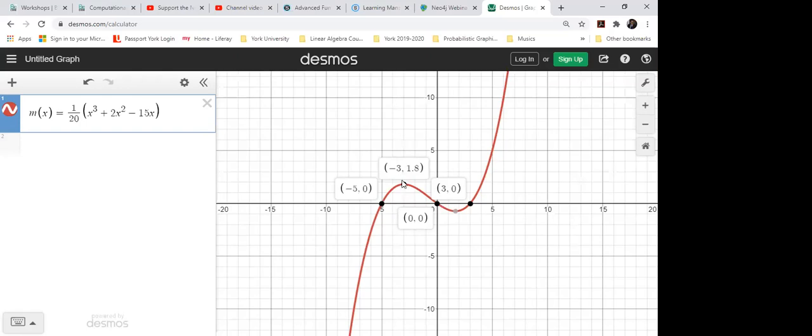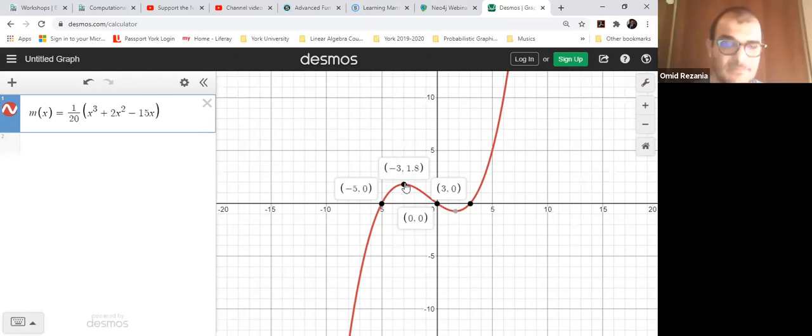Yes. Then look at this. When you plot it, you see that this is your maximum point, and we call it the local maximum. You see that the slope of any tangent line at that point becomes 0, which means that it's going to be a horizontal line.